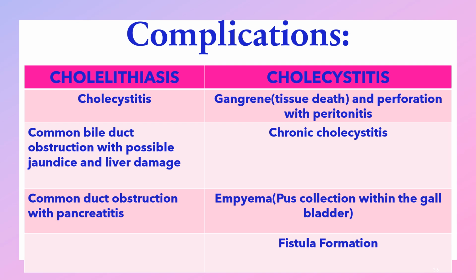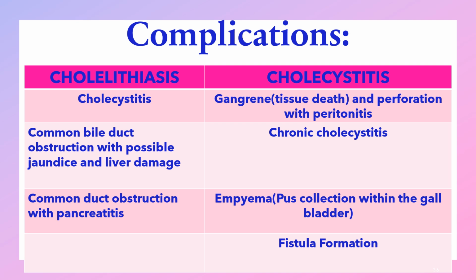We can have empyema. Empyema is just a pus collection within the gallbladder. That's a complication that we can face with this cholecystitis. And fistula formation. So again, with that gangrenous tissue and perforation, we can also have fistula formation. And fistulas are just openings between two areas that should not be connected.